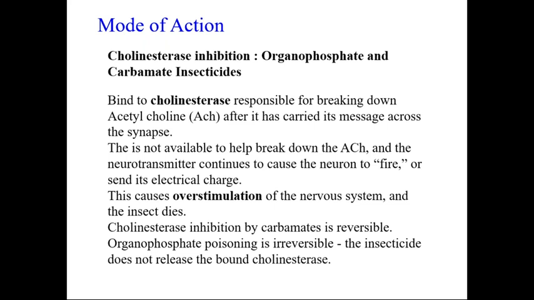So this group of organophosphate and carbamate insecticides are actually inhibitors of the enzyme cholinesterase or acetylcholinesterase, which is responsible for breaking down acetylcholine after it has conveyed the message to the synapse in the nerve, that is the nerve impulse.